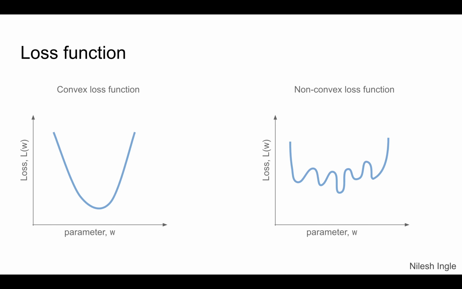In other words, the predicted values are as close as possible to the actual values, and that is possible because at the lowest loss we get the parameter values for w which are also optimal, whereas in the non-convex case the optimization algorithm could get stuck in these different minima which are not a global minimum, and therefore we may not arrive at the best possible optimal values for the parameters, and so the losses would not be as low as possible.